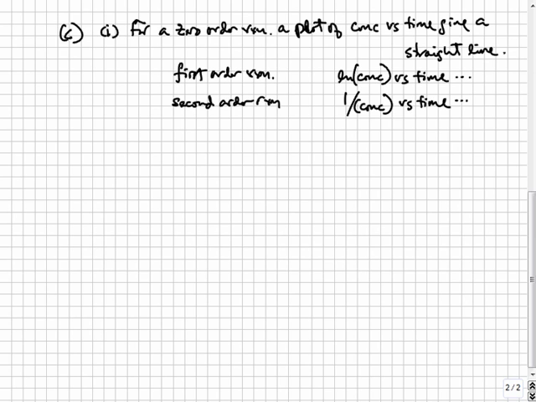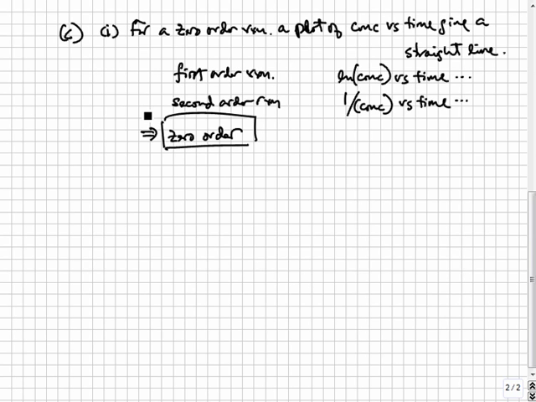So if you look at the three plots, these are plots of concentration versus time, 1 over concentration versus time, and log of the concentration versus time. And so whichever gives you a straight line should then indicate what order the reaction has. And you see that the first plot, which is concentration versus time, is a straight line, so the reaction should be zero order.